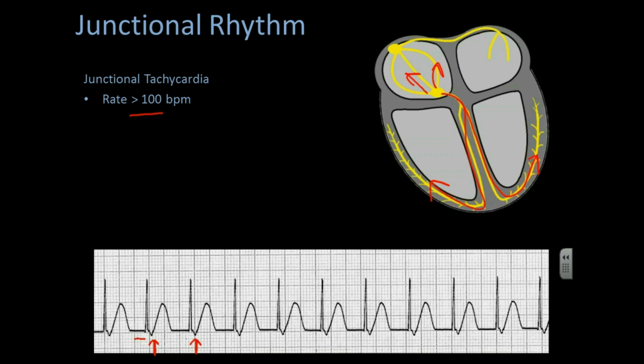Now, with this example, it's pretty easy to see the retrograde P wave. It's right after the QRS there. But as the rate increases, it's hard to tell whether there's a P wave stuck in the T wave, or it can be hard to see.